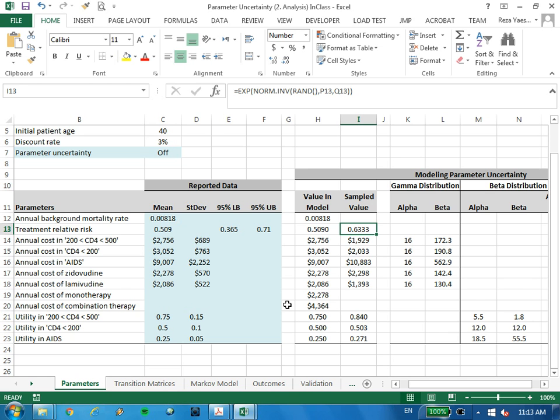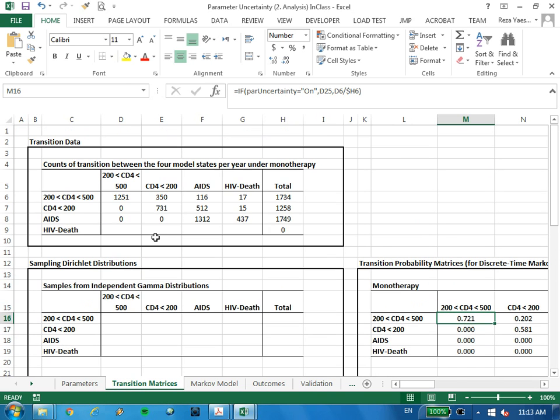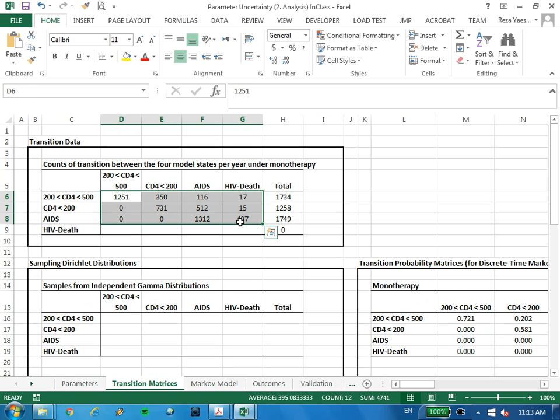Now the final step is capturing the uncertainty around these probability transitions. So we had this data set from UK. They followed a group of patients. They checked their CD4 count at the beginning of the year and the end of the year, and they report these counts.